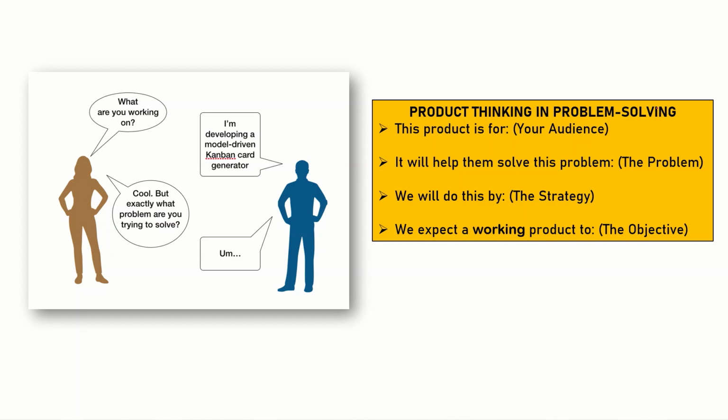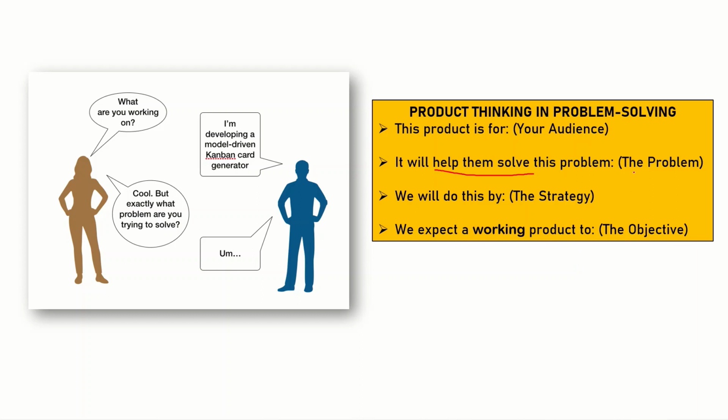There will be 4 questions that you can play around with. This product is for whom? Which is your audience, your targeted customer? And then it will help them solve this problem. So what is the problem with the current product that you are trying to solve?